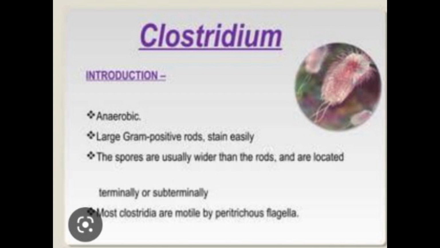It is a neurotoxin and acts slowly. The toxin acts by blocking the production or release of acetylcholine at synapses and neuromuscular junctions. Death occurs due to respiratory failure. Disease: food-borne botulism, infant botulism, and wound botulism.